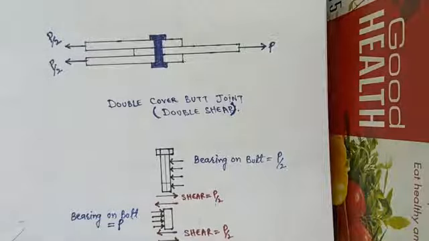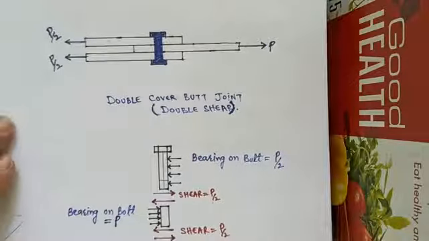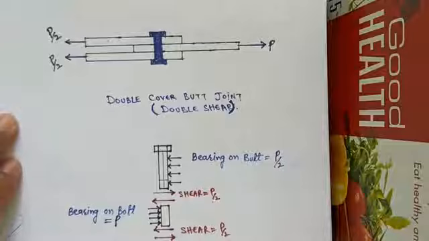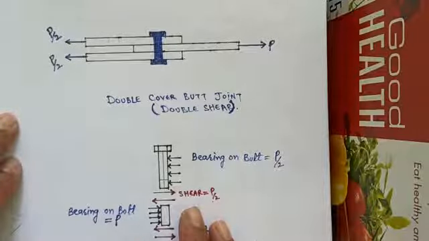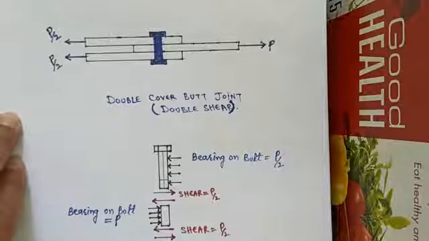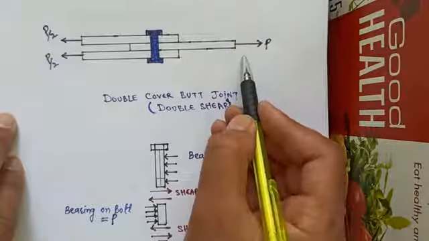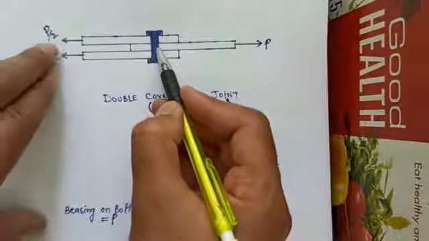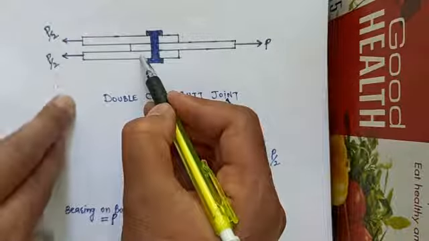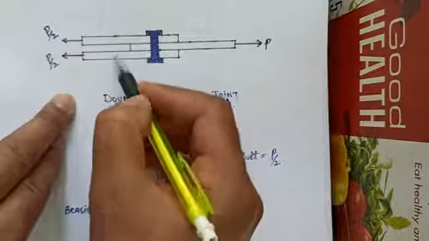Whereas in case of butt joints, double cover butt joints, we will have double shear. As you can see, the load P gets transferred to the upper cover plate and the lower cover plate as P by 2 and P by 2.